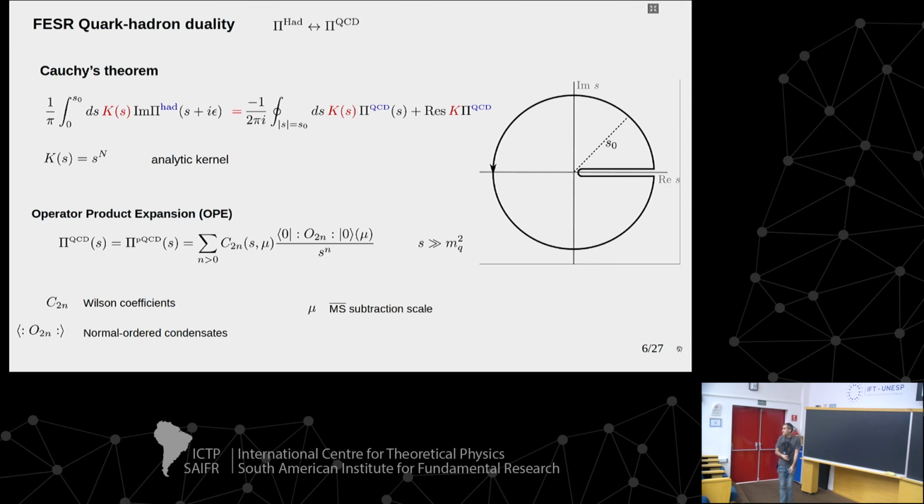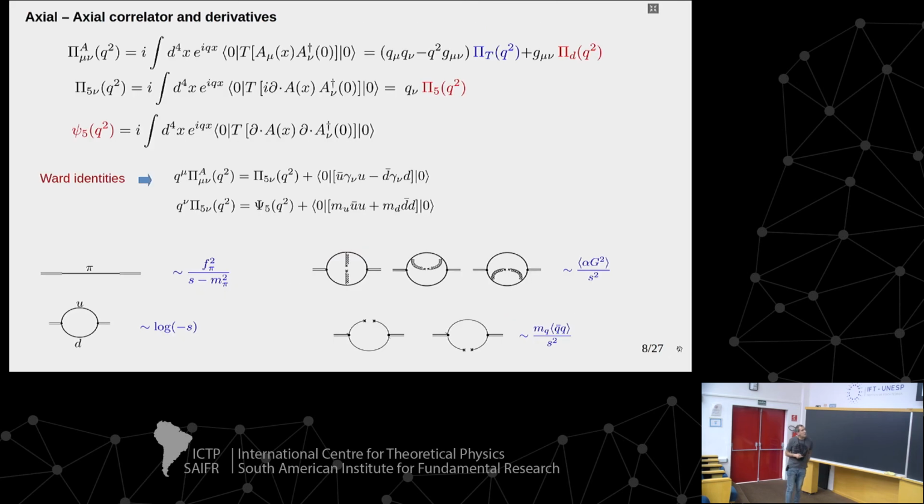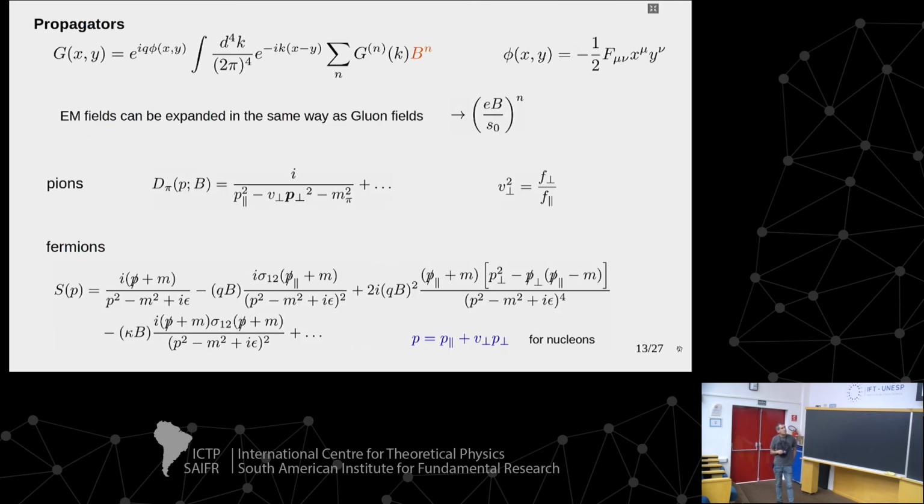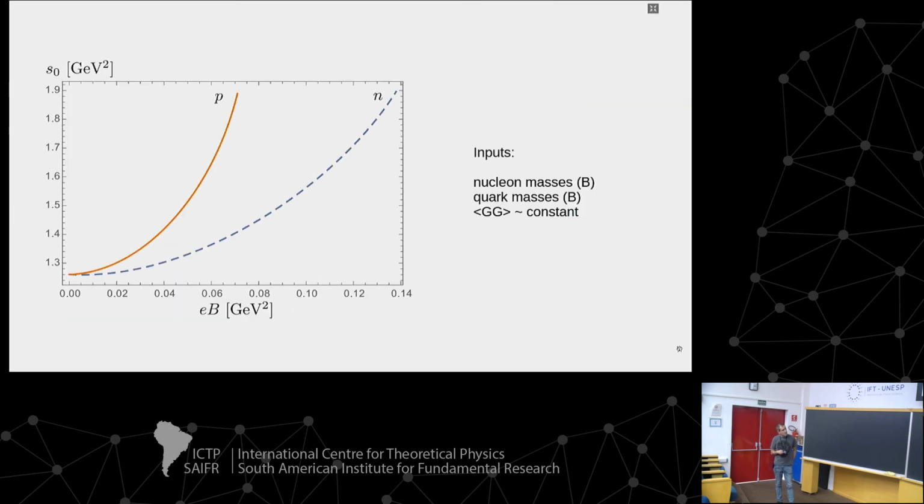Yeah. I just have another question, sorry. By the end of the presentation, you introduced this decay constant F pi, but you called it F pi parallel. What is the meaning of a parallel decay constant? Why is it an important parameter to study? Well, this is the decay constant.